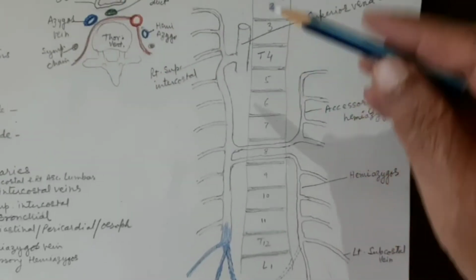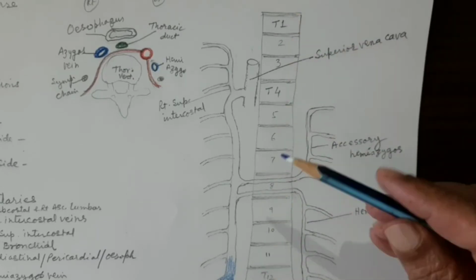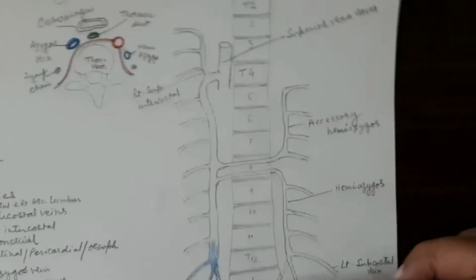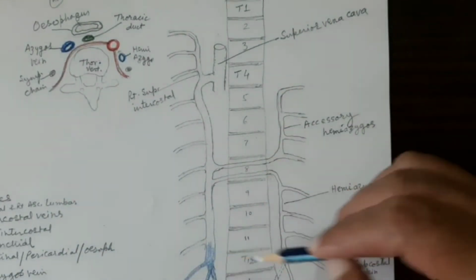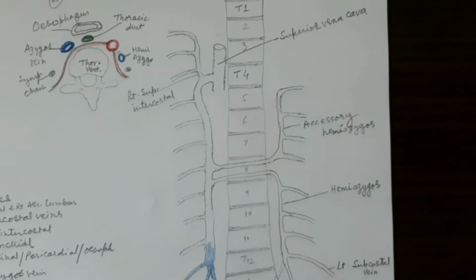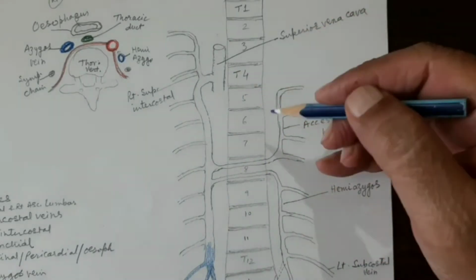Now just remember that I have drawn here the vertebral column just to find out the labels of these various veins, various tributaries, and their termination and the beginning.